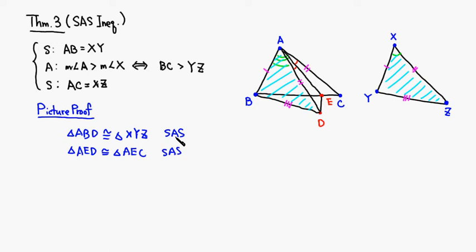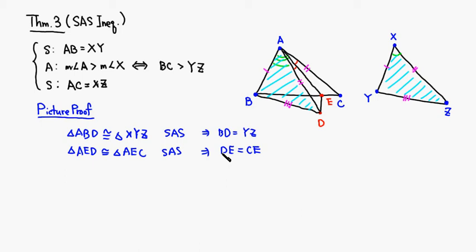So this tells you that BD is equal to YZ, and this also tells you that DE is equal to CE.